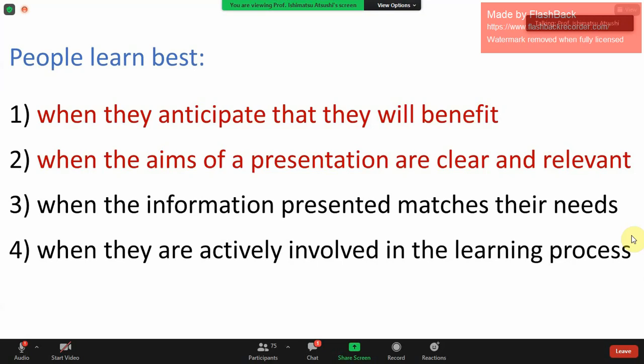The number three and four are more minor things. So number one and number three are the most important things about the nature of your audience that you better consider.